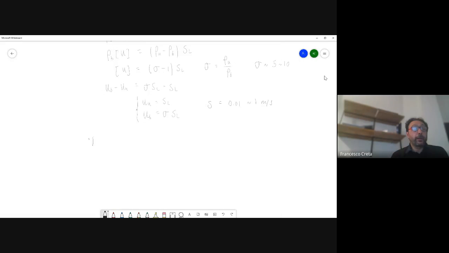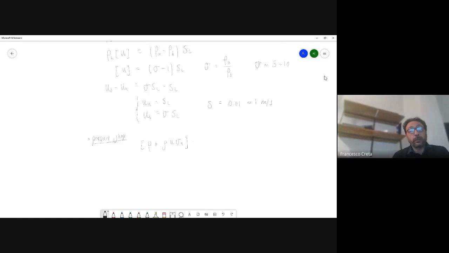The pressure jump, to be honest, I'm going to be very, very fast, but take the momentum conservation, which you write like this: P plus rho U Vn.